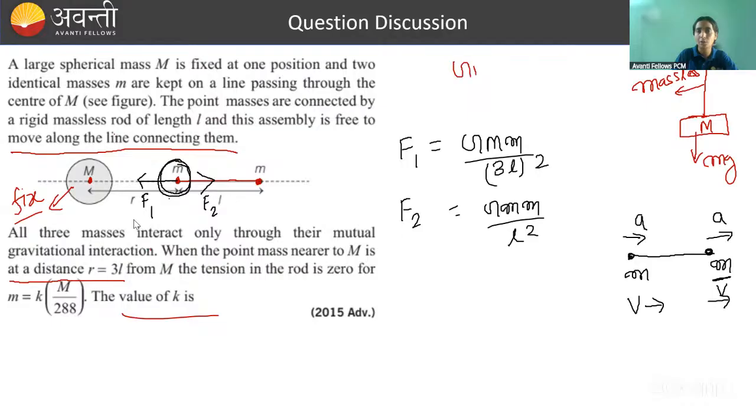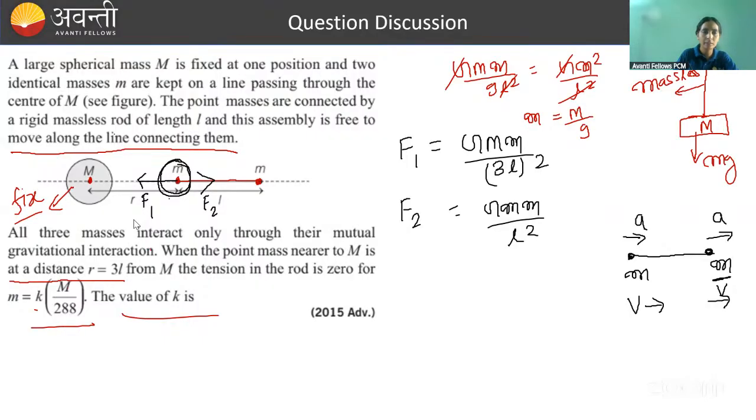Like, equate and see: GMm by 9l whole square is equal to Gm square by l square. If you break it, cancel G. Then small m is equal to how much? Small m is equal to capital M by 9. And here, k into m by 288.